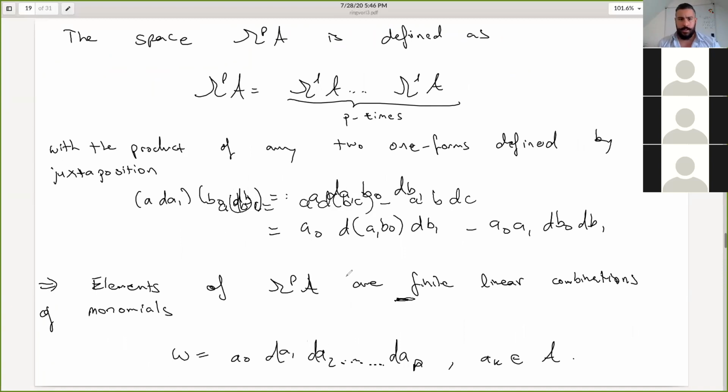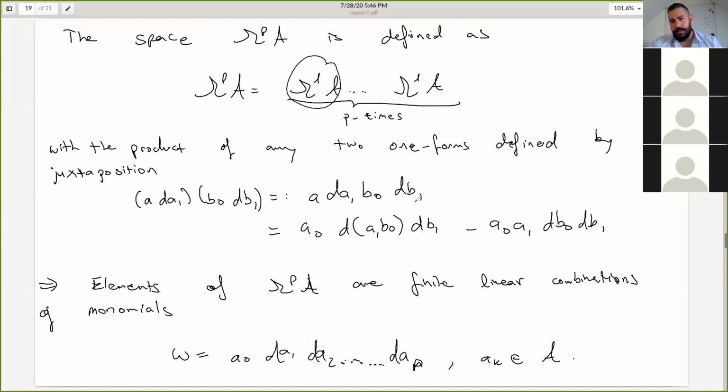that fulfilled certain conditions. Now, the point is, how do we define P forms? P forms can be defined by juxtaposition, just by taking these omega 1 A spaces and multiplying them together P times, okay? So if you have a d a1 b0 d b1, you do the same thing, right?